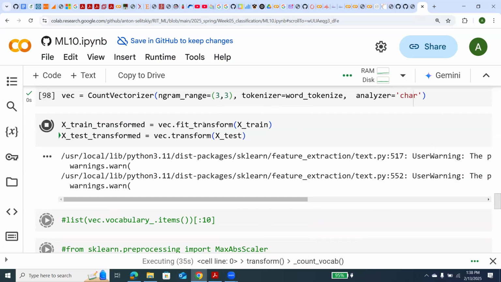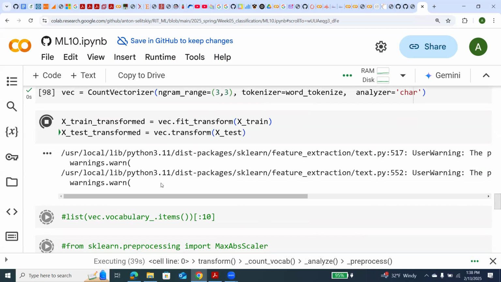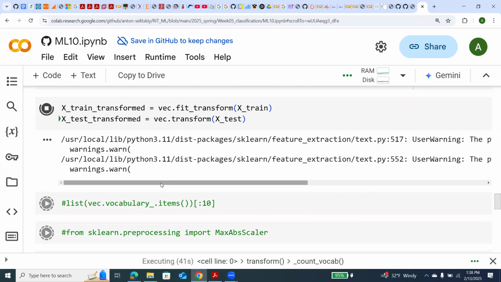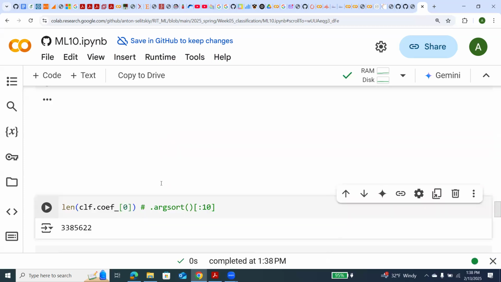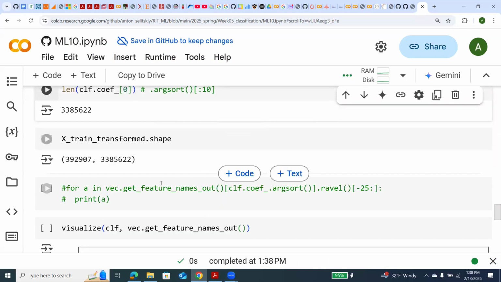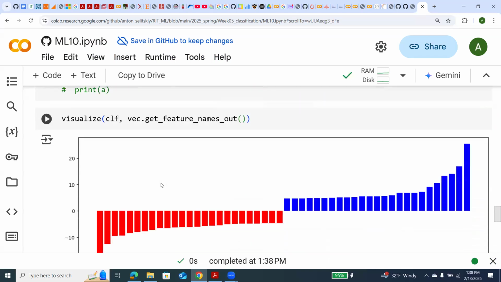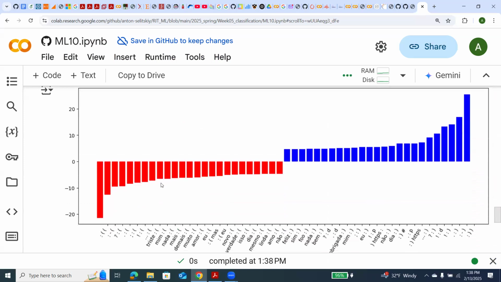Okay, it's now transformed. Maybe I can just scroll down and show the result. So the most important feature will be actually the emoticon.